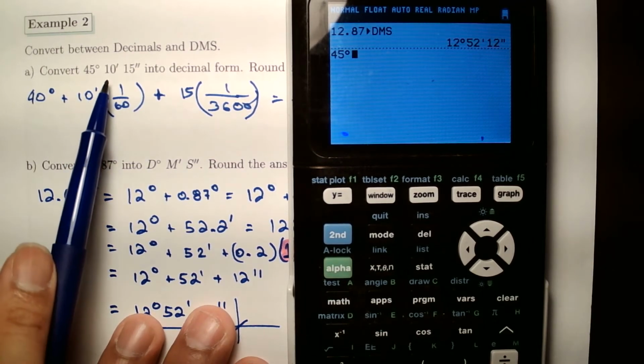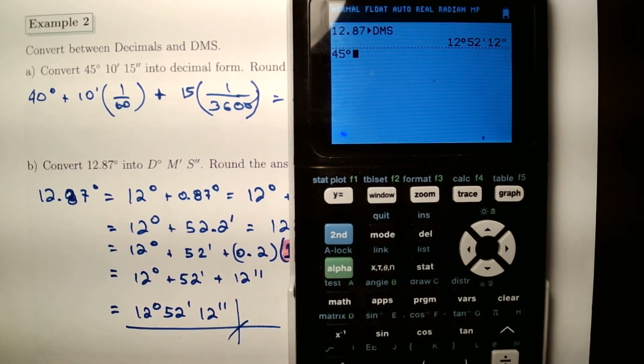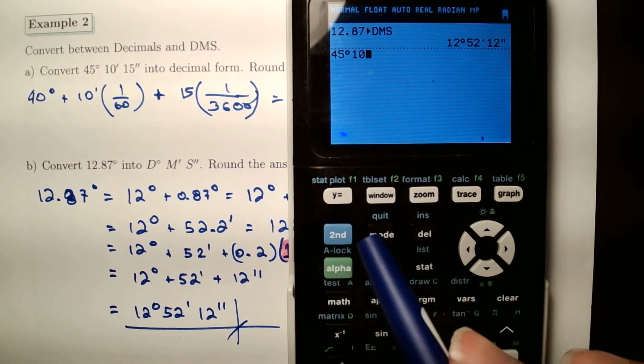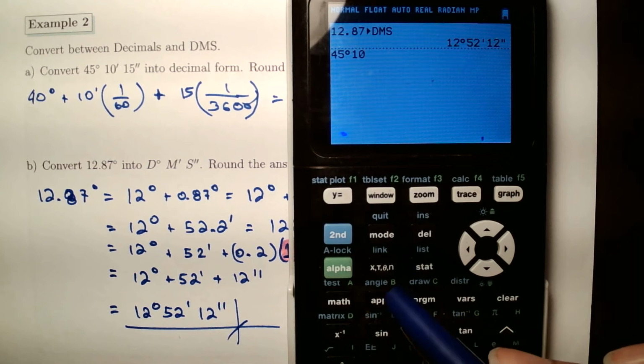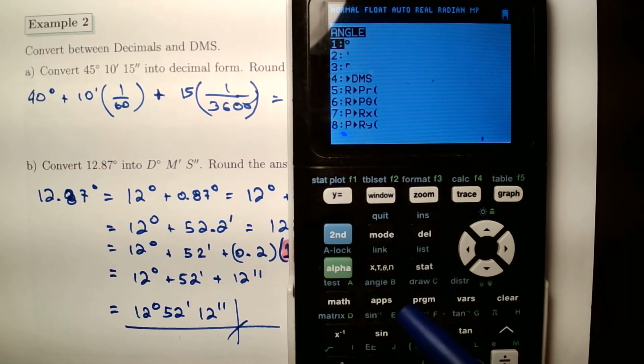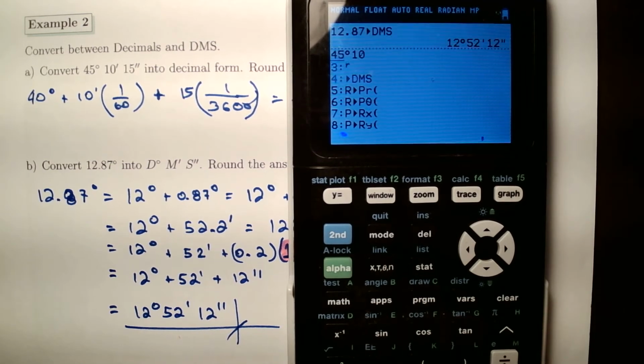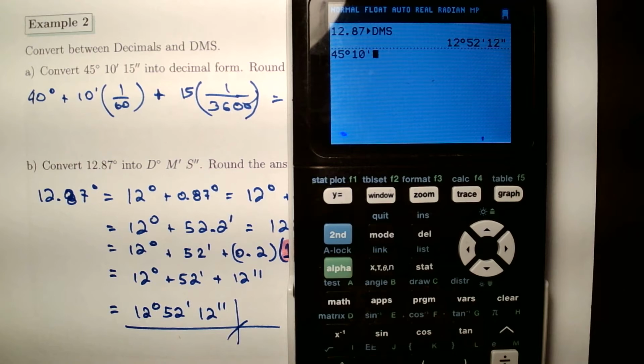Now I need to represent the 10 minutes. Type the number 10, go again to second, angle, and go down to number 2 to type the minute symbol. Click enter, and then type the number 15 for the seconds.